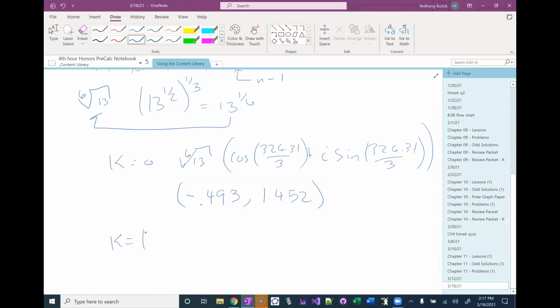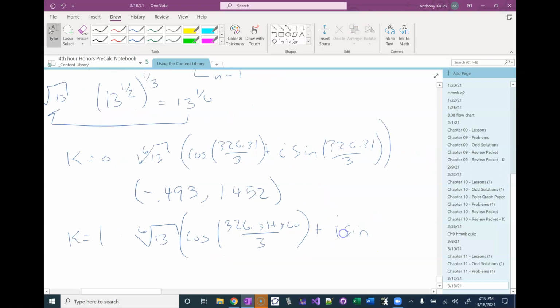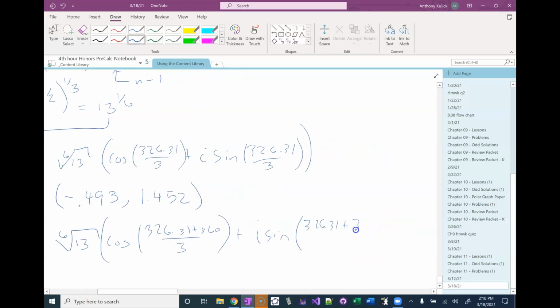So k equals 1. I'll do the same thing, but this time I'm going to do the 6th root of 13 times cosine of (326.31 plus 360) over 3, plus i sine of (326.31 plus 360) over 3.